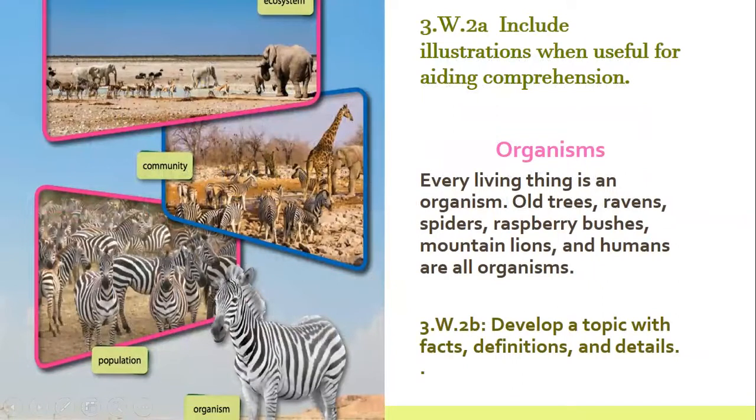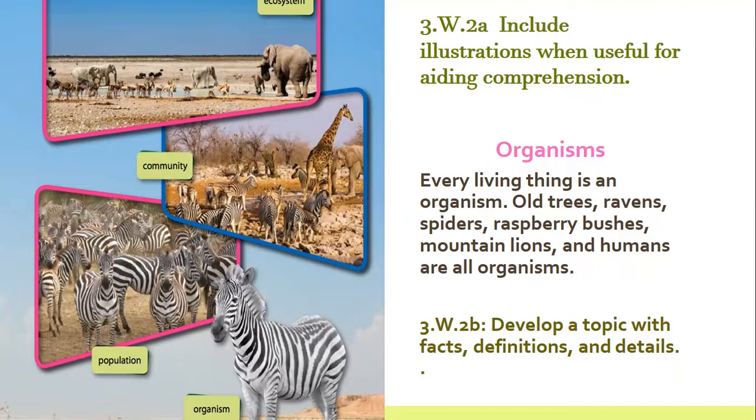Now, a minute ago, I asked you to look at the organism blue box. I retyped it here because it goes along with including illustrations when useful for aiding comprehension. When you're writing a nonfiction text, you want to make sure that your reader understands what they're reading.